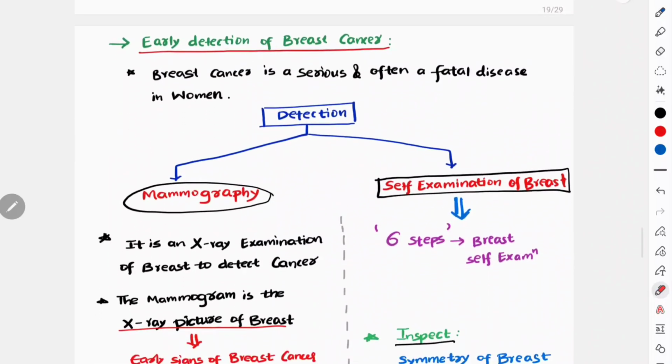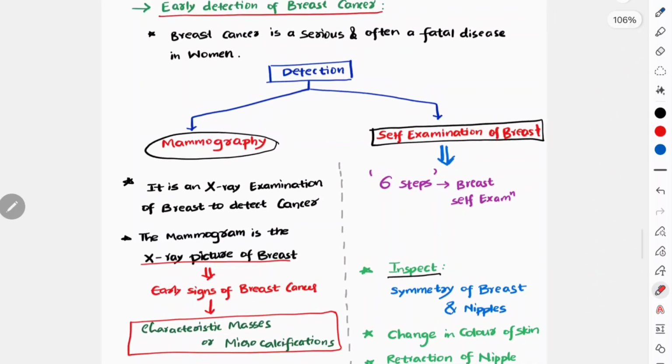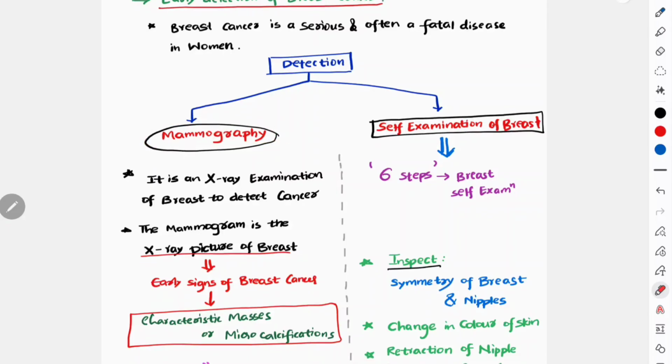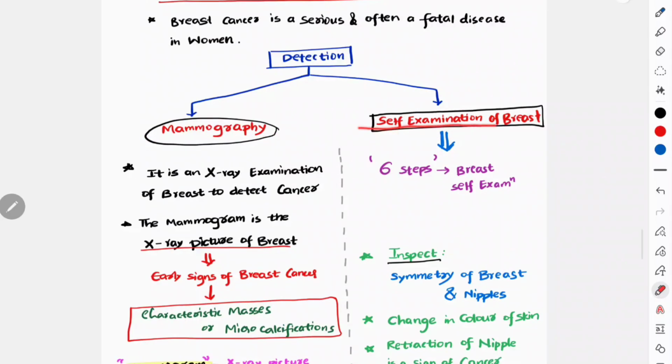So how can we detect breast cancer? Early detection of breast cancer. Breast cancer is serious and often fatal in women. Detection is basically based on mammography. This is the technique to detect breast cancer. And self-examination of the breast.